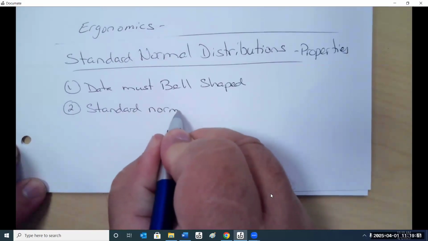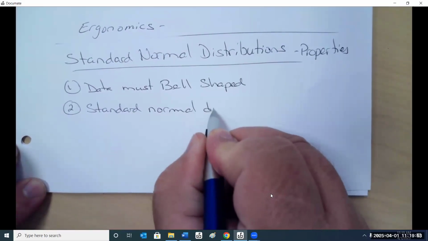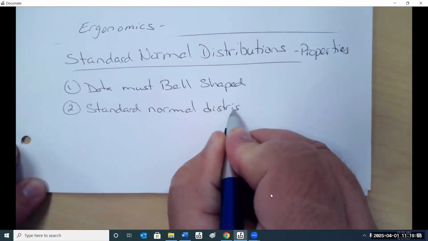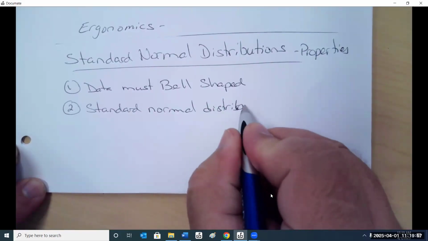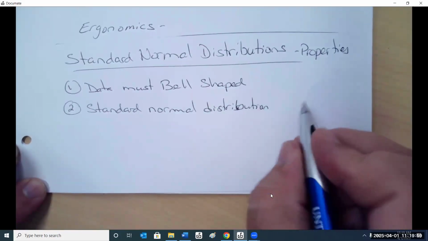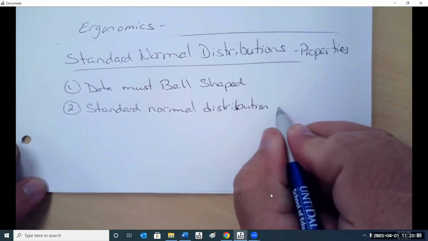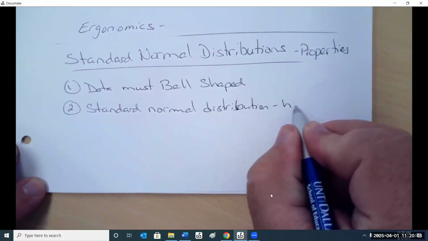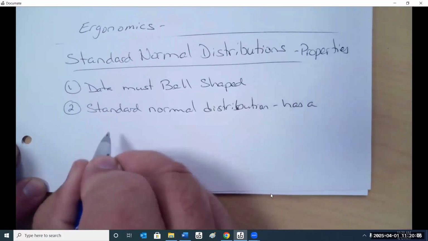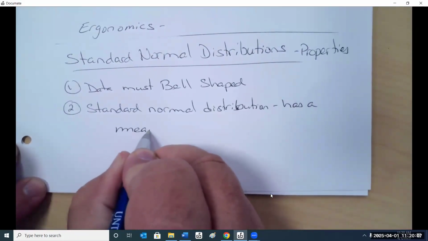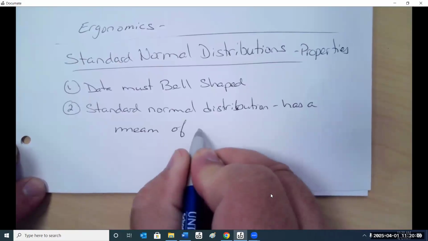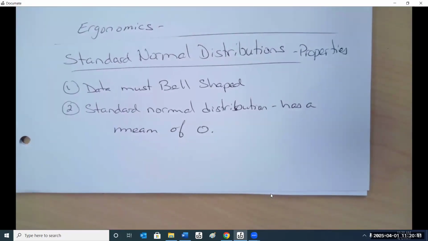Standard normal distribution has a mean of 0.